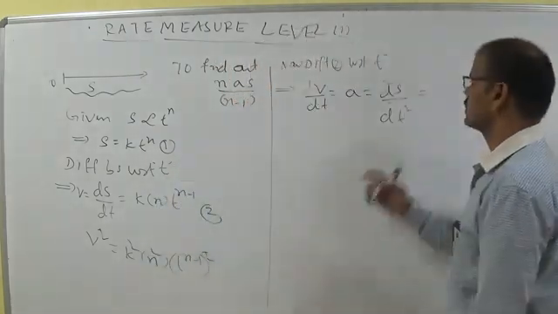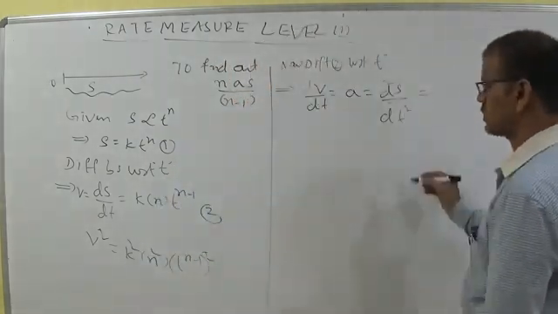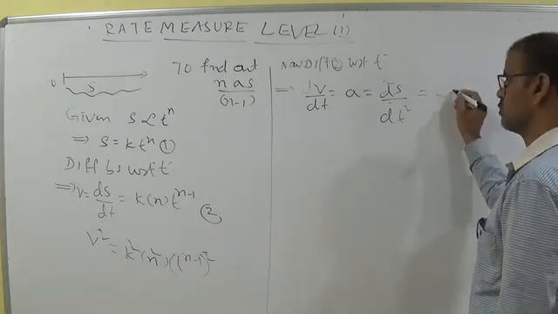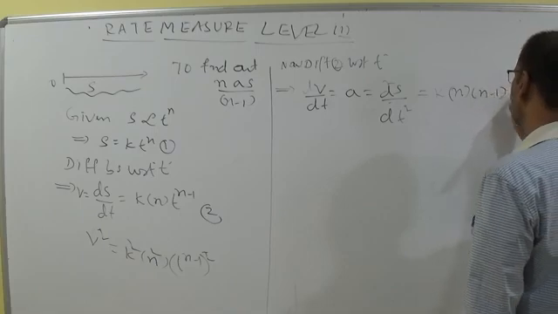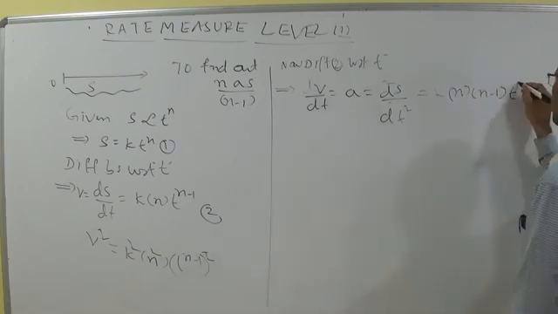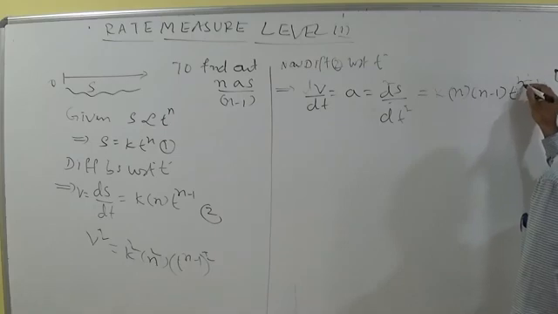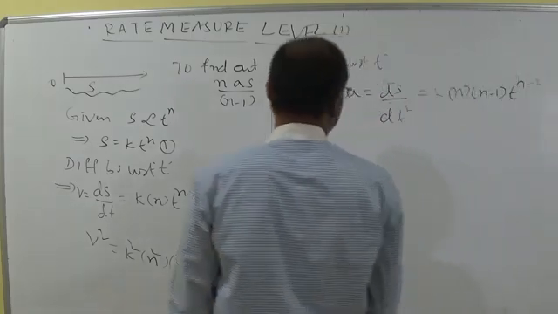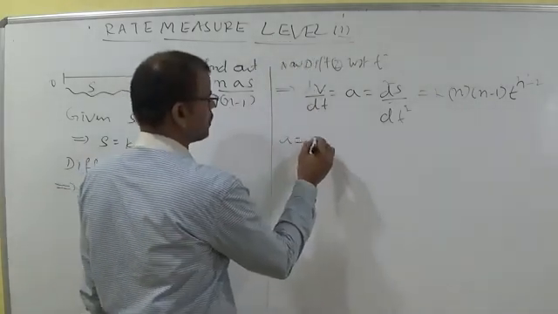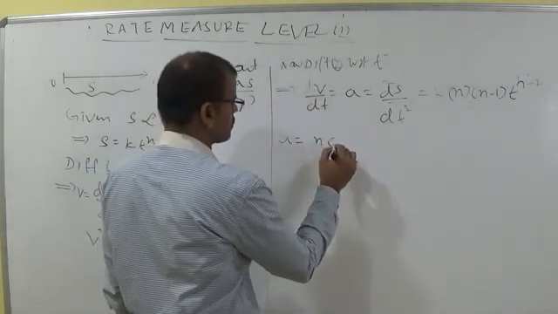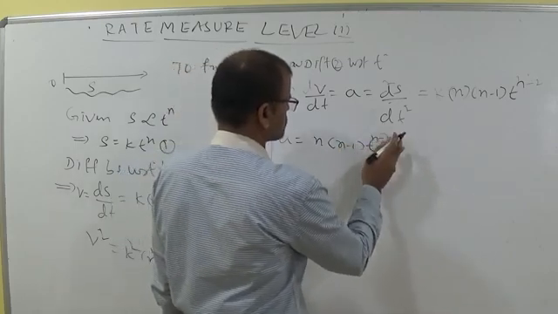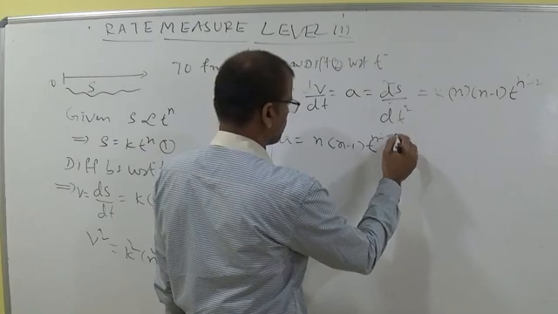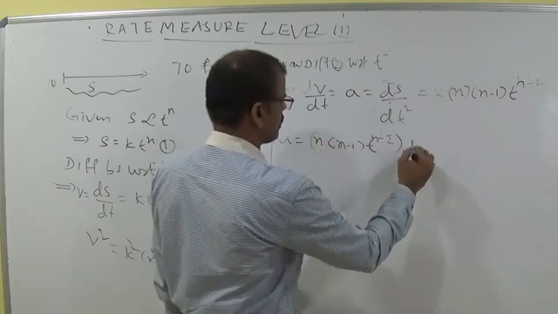So a is equal to dv by dt, equal to d square s by dt square, equal to k into n into the derivative of t power n minus 1, which is n minus 1 into t power n minus 2. So the value we got is n into n minus 1 into t power n minus 2 into k.